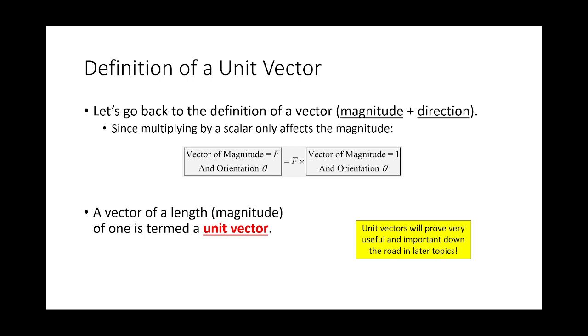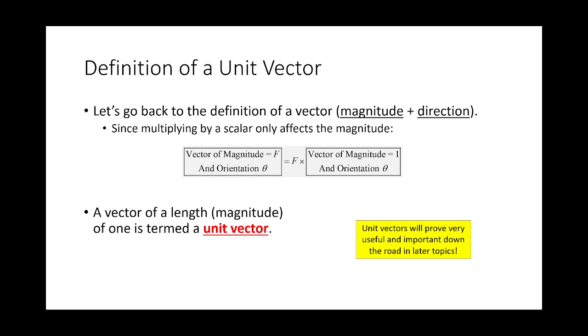So remember, a vector is an object that contains two items, a magnitude and a direction. What I want to do, and this is going to become very important later, particularly when we start looking at things in 3D, is have an ability to separate out the magnitude and the direction.